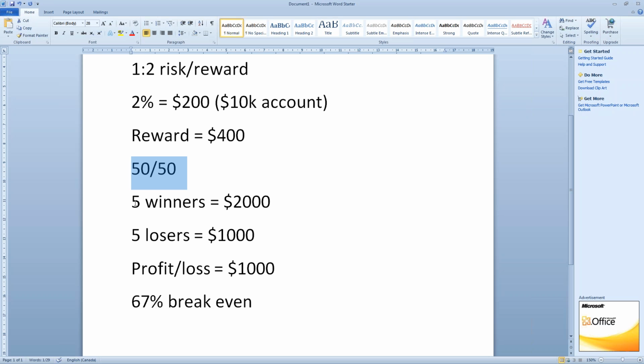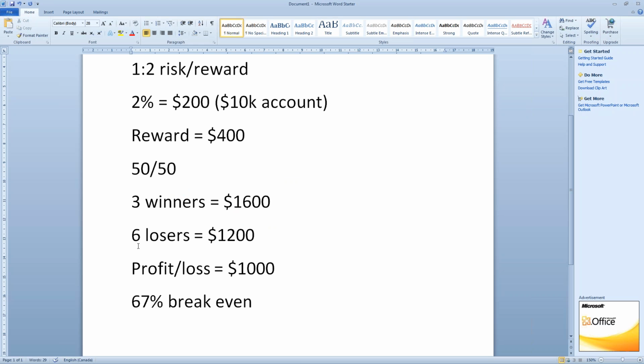Now let's see if we can find where the break even is. Let's say we only have 4 winners. That's going to be $1,600 on the win side, and if we have 6 losers, that's going to be $1,200 on the lose side. So we're not at break even yet.